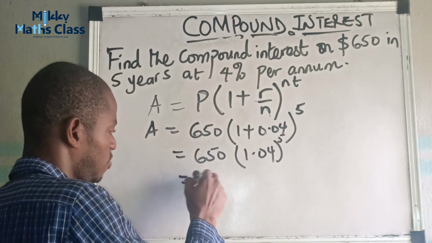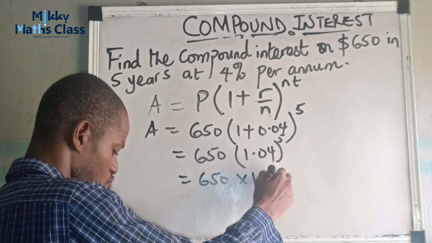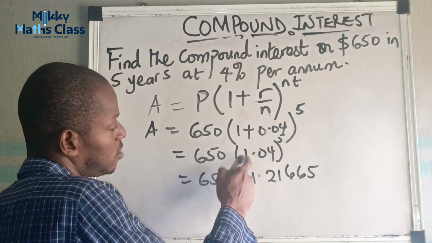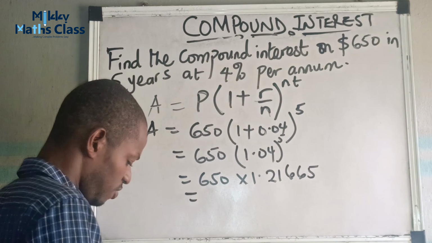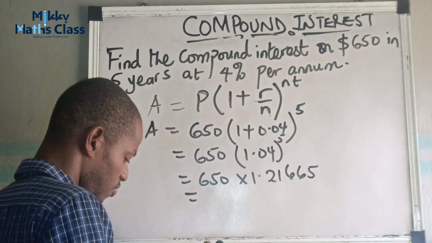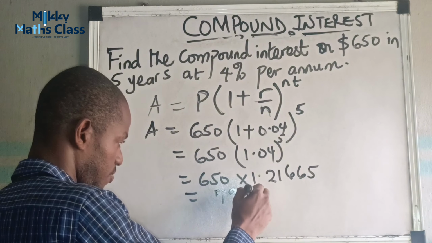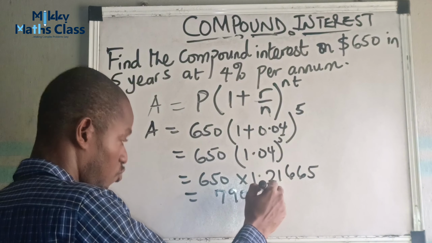So this will give us 650 times 1.21665 thereabouts. That's 1.04 raised to the power of 5, times 650 will give us 790.824.